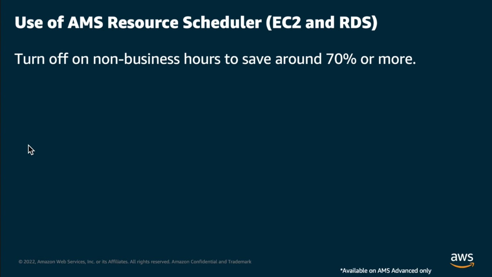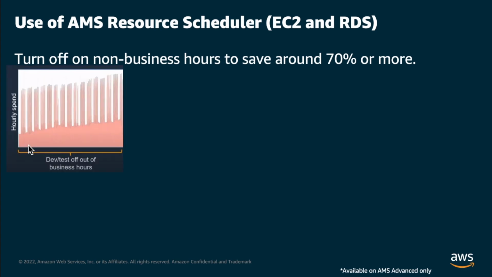Another tool that's really useful and really drives costs down, mainly for non-production accounts, test accounts, or development accounts, is the use of Resource Scheduler. So basically you're going to set up a time for resources to start and stop. Let's say you do business hours. If you do business hours, we imagine that people from a developer account or non-prod account are just going to work on business hours.